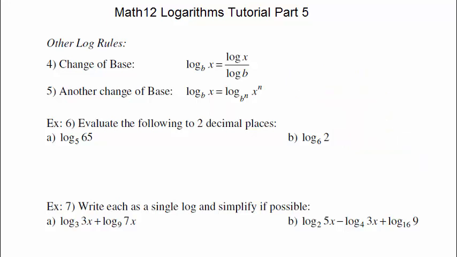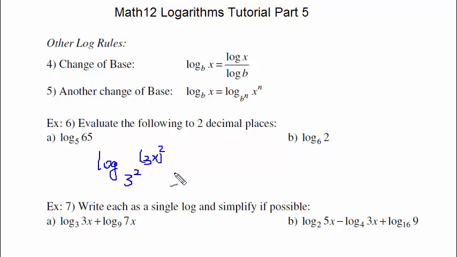Then we can use this rule to do these questions. We have log base 3 of 3x plus log base 9 of 7x. I cannot change the base 9 anymore, but I can change the first one. Log base 3 of 3x: I can raise 3 to the power of 2 and 3x to the power of 2.